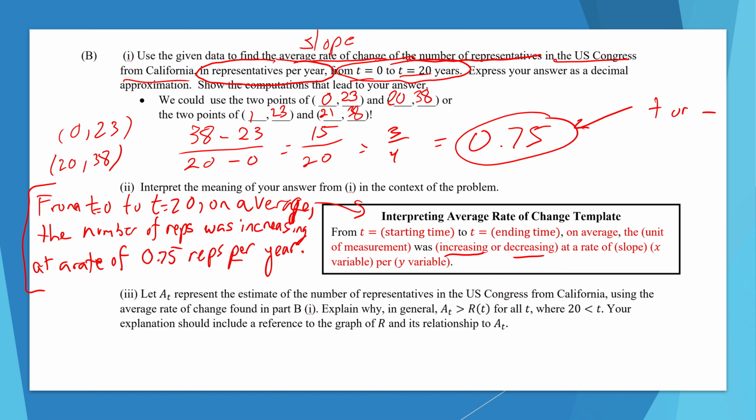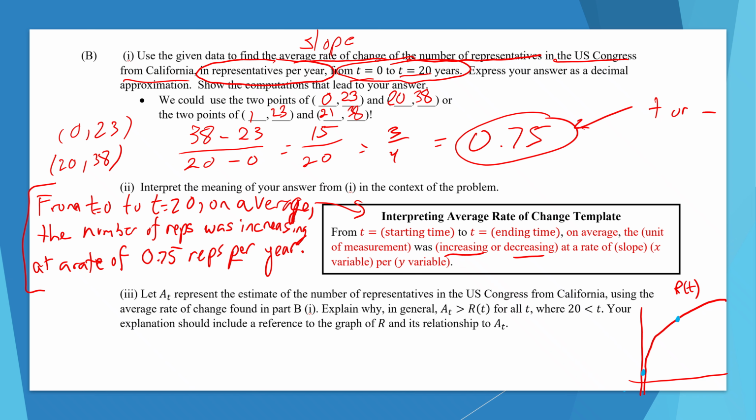All right, part 3 is let A of t represent the estimate of the number of reps using the average rate of change found in part BI. Let's just sketch a quick graph here, right? So our graph should look like this. This is R of t, that red line there. And now let's sketch, what does A of t look like here?